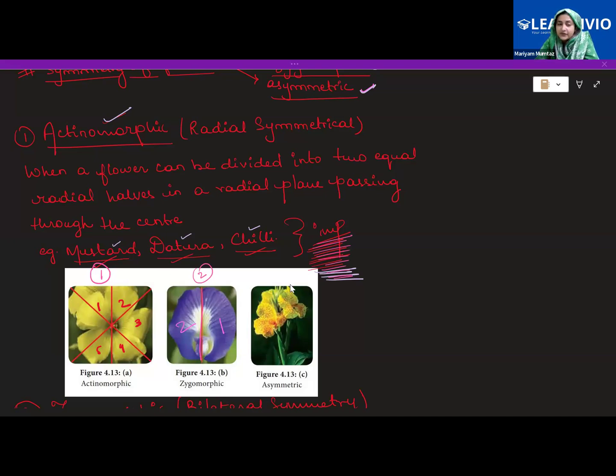So that kind of symmetry of a flower is called actinomorphic. Or just for the sake of your understanding, it is called radial symmetry. Now, what all flowers show this? So, mustard shows this, the datura flowers show this, and chili flowers show actinomorphic symmetry.